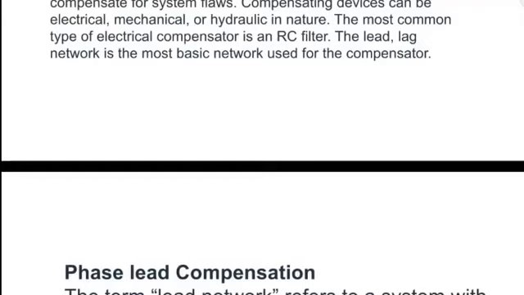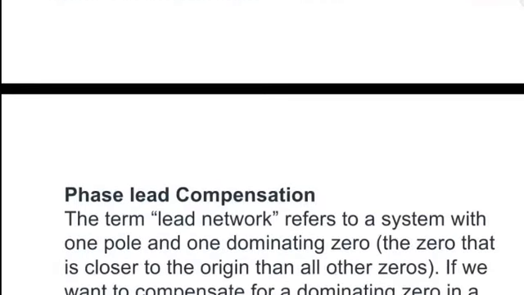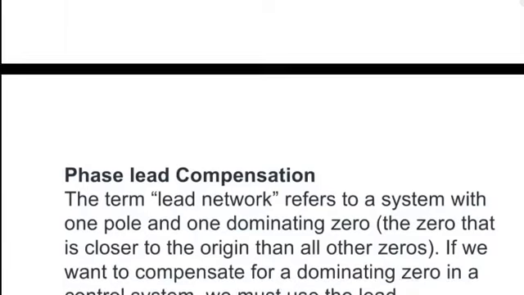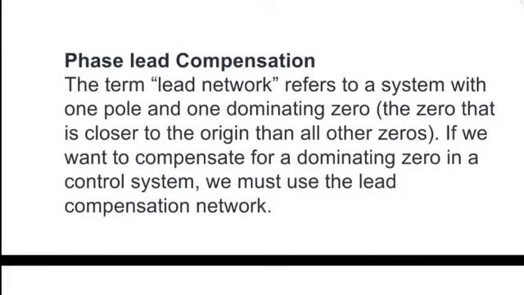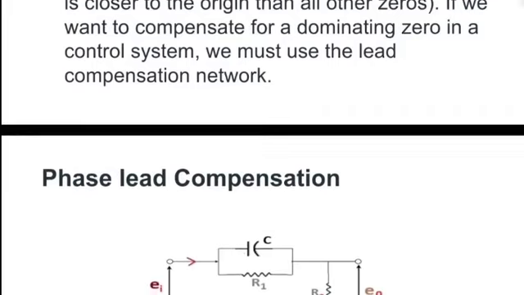The lead-lag network is the most basic network used for the compensator. Most of the time you will be hearing the lead network and the lag network, and in some cases there are networks which combine lead and lag to give certain characteristics.